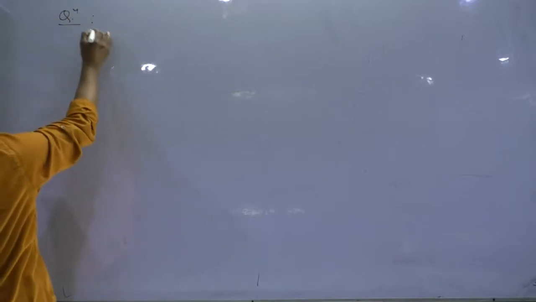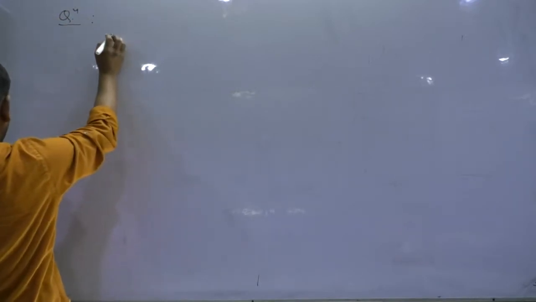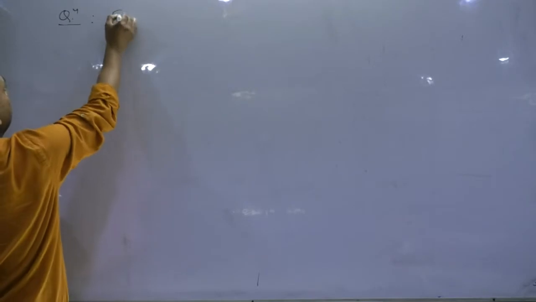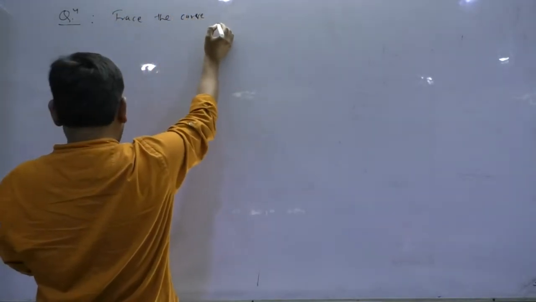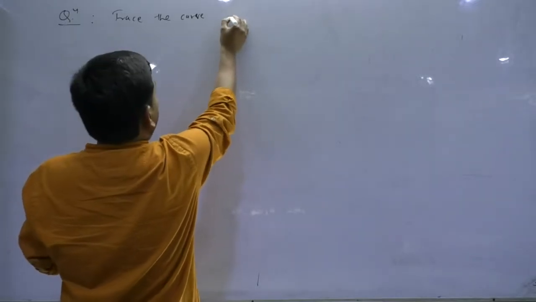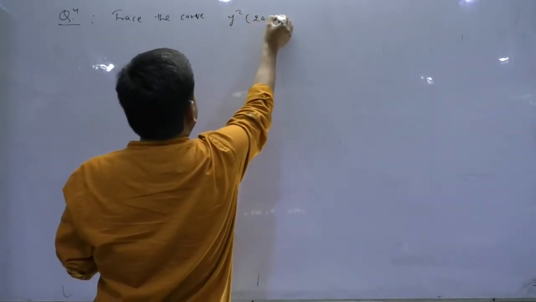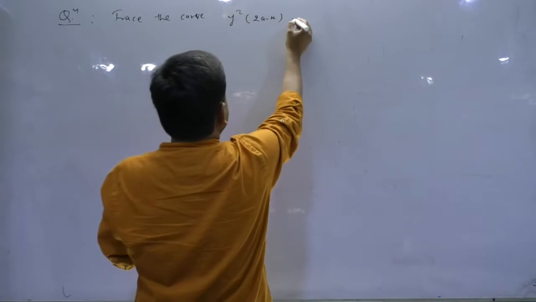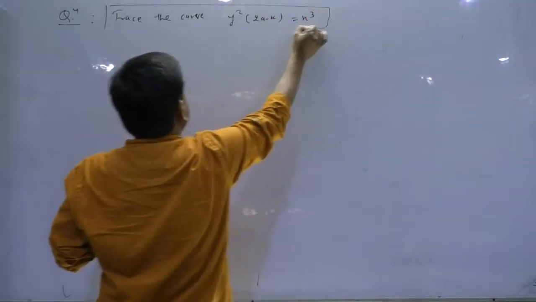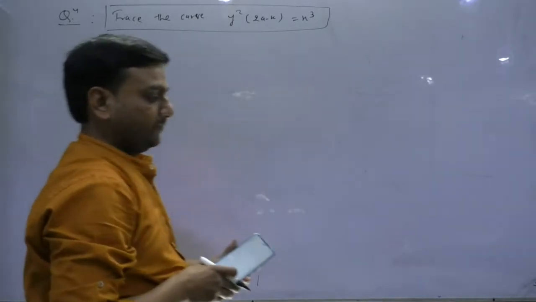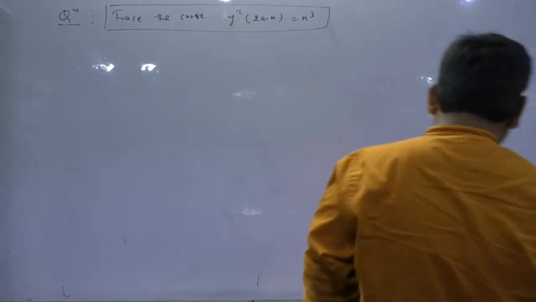Our question is: trace the curve y square into (2a minus x) equals x cube. So this is the question for us.